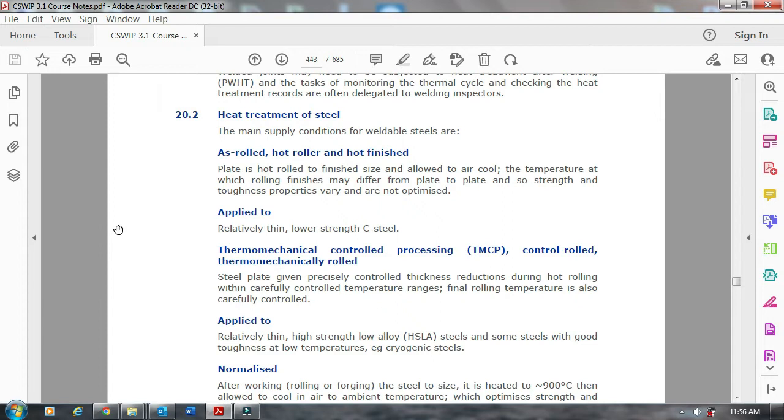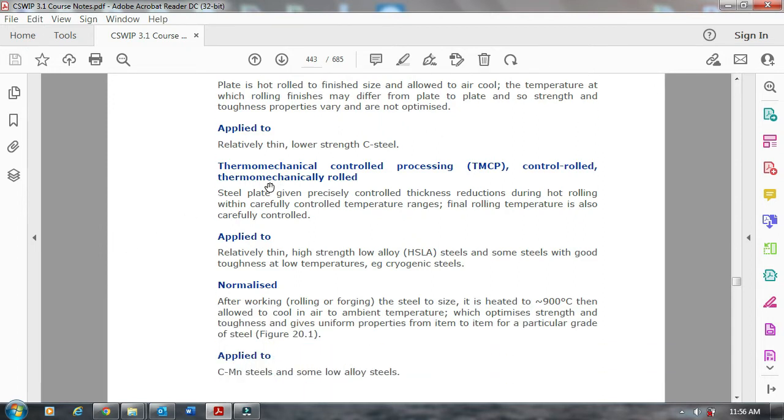It is applied to relatively thin, low strength carbon steel. Then there is the thermomechanically controlled process, TMCP, controlled rolled, thermomechanically rolled. We will come across TMCP material when doing jackets or tubular structures, which are offshore structures. Usually they use TMCP steel.